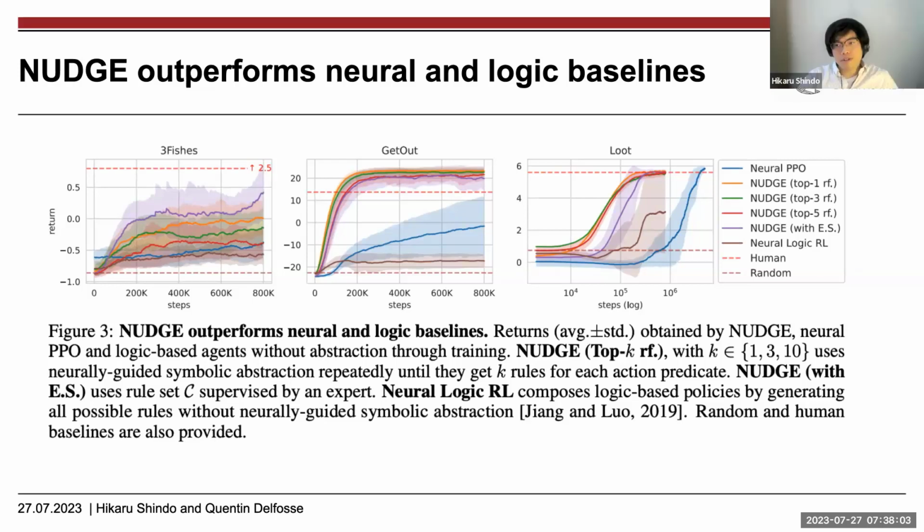And top K means K rules for each action. So top 1 means we keep one rule for each action. If we have 4 actions, we have 4 action rules in the end.